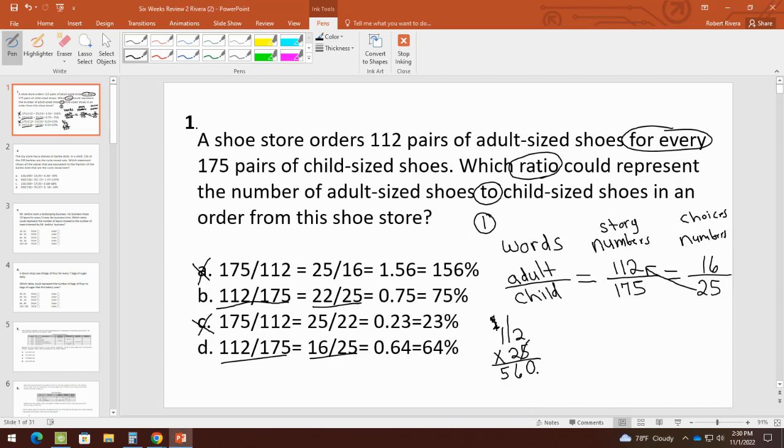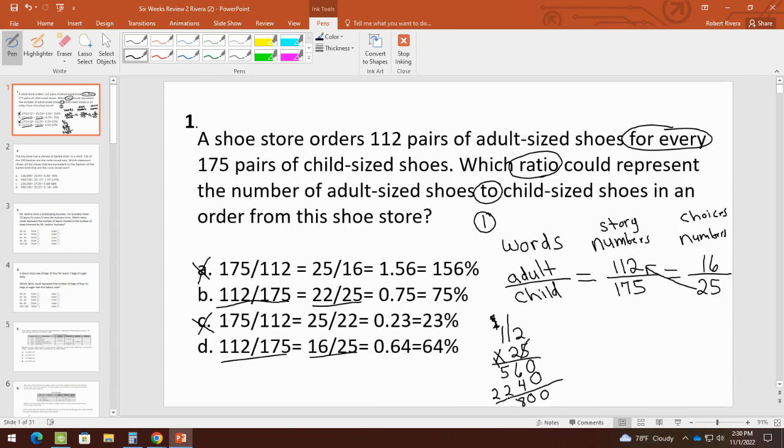Cross it out and put a 0. Now 2 times 2 would be 4. 2 times 1 would be 2. 2 times 1 would be 2 again. 0, 10, and then we get 8, and then 2,800. So I know that 25 times 112 is 2,800. I'm going to put it on the top right there, 2,800.